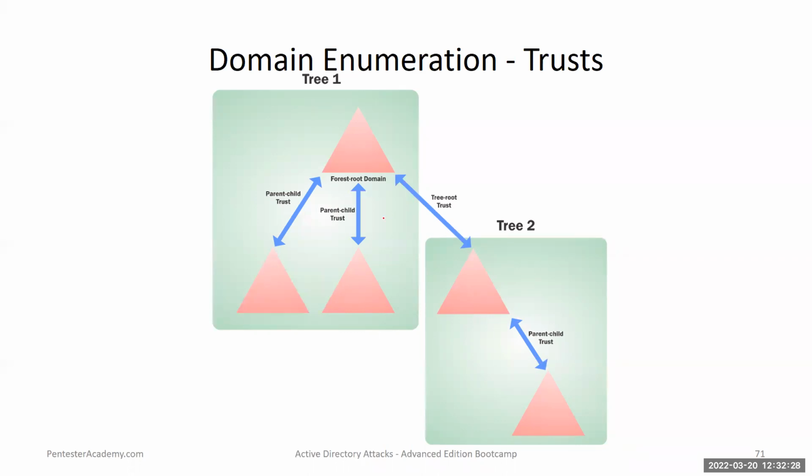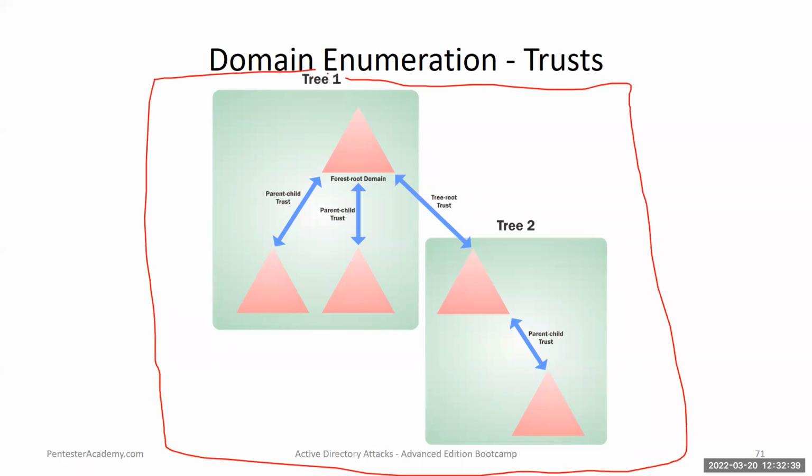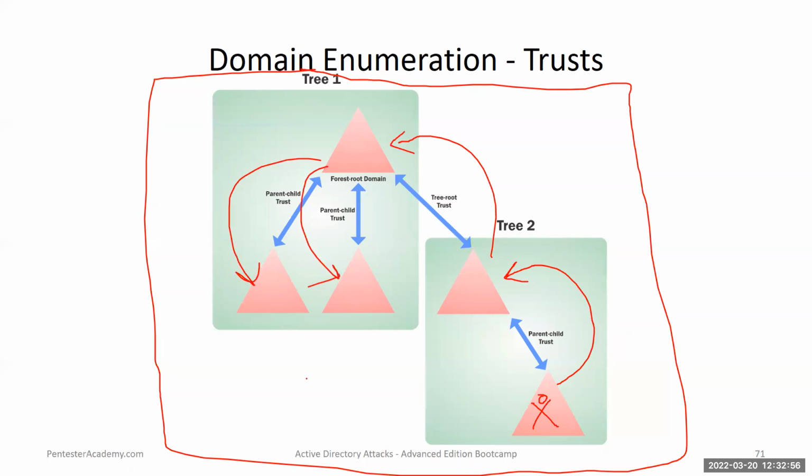And thanks to that transitivity, if any of the domains in this forest, this is part of the same forest but different trees, is compromised, an attacker or a threat actor can jump from here to here, assuming that this is the forest root. They can go to forest root and anywhere else as well.